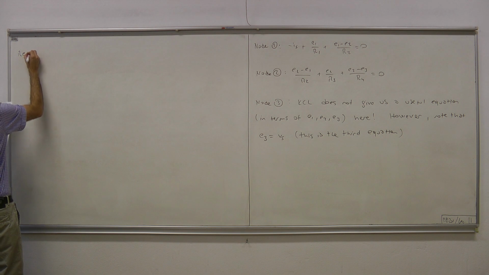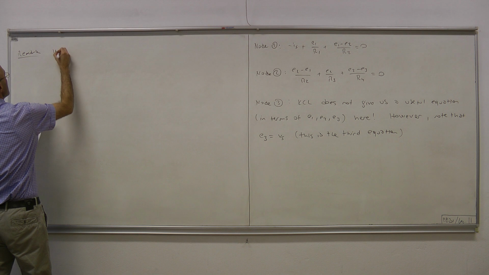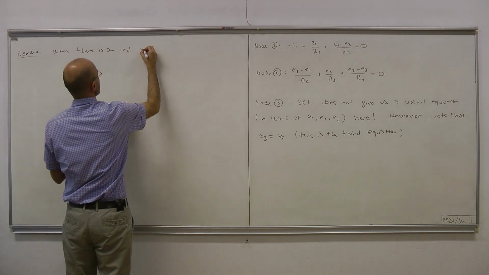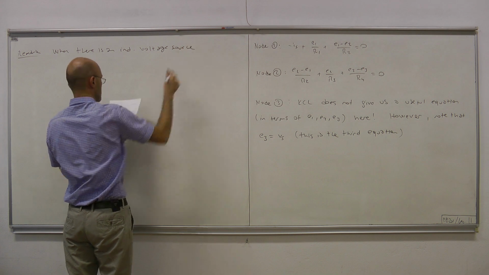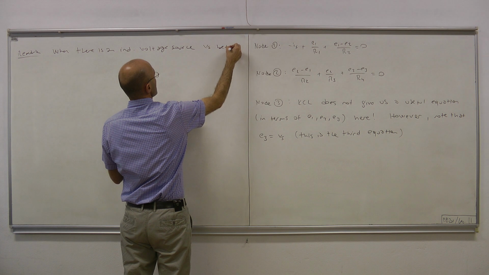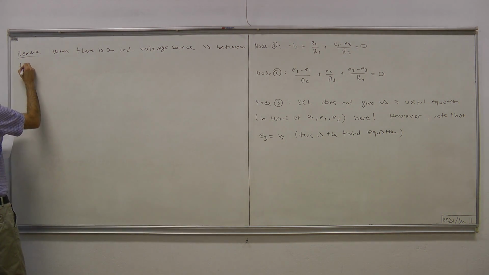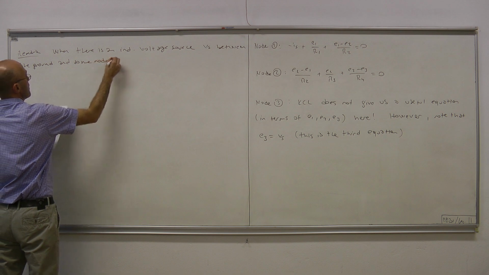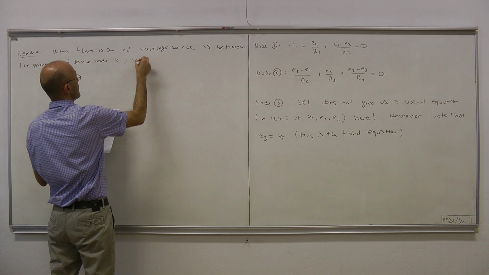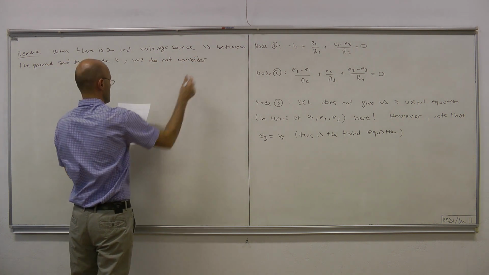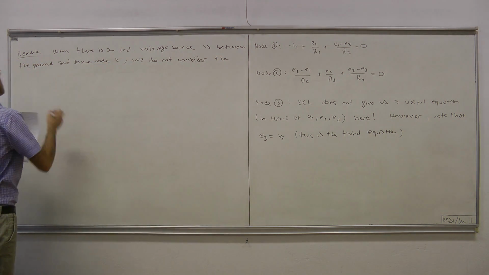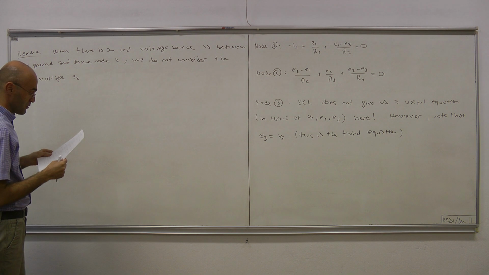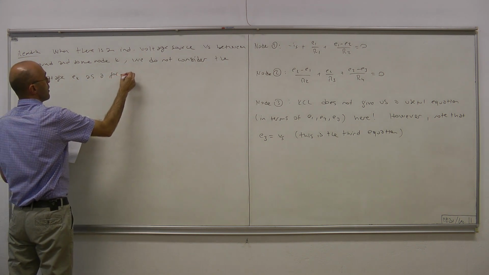Okay. So here is a remark. When there is an independent voltage source between the ground and some node K, we do not consider node voltage EK as an unknown, as one of our formulation variables.